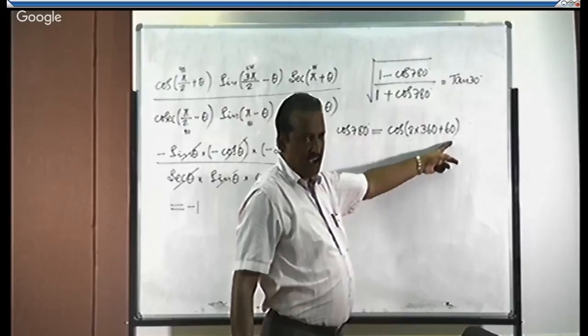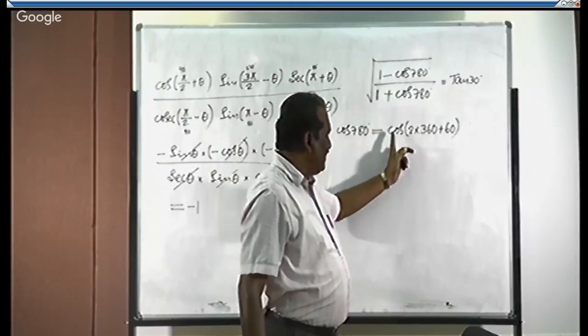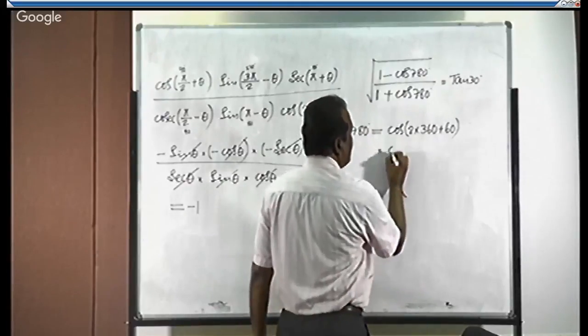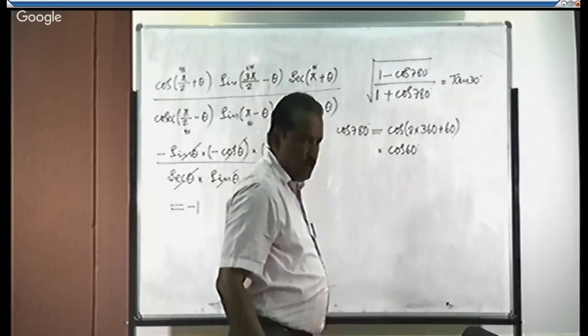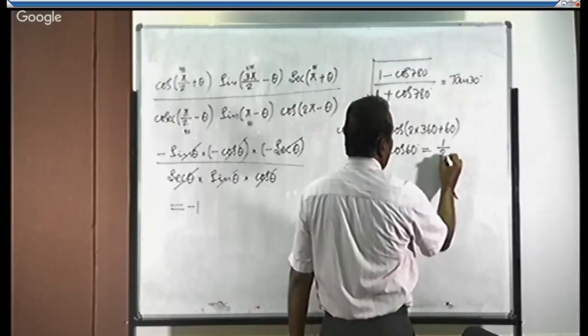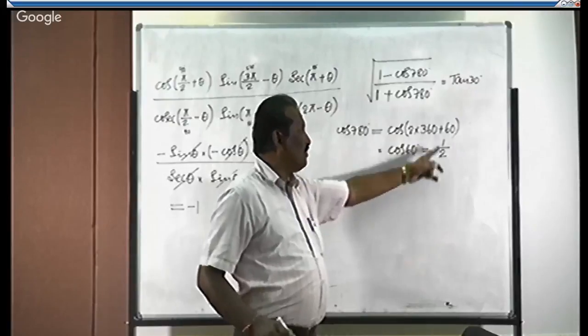According to our convention, forget the multiples of 360. Treat it as cos of 360 plus theta. We know that cos of 360 plus theta is cos theta. We know that cos 60 degree is equal to 1 by 2. Therefore, cos 780 degree is equal to 1 by 2.